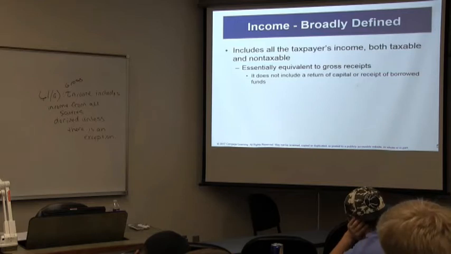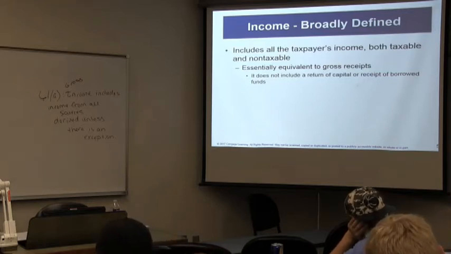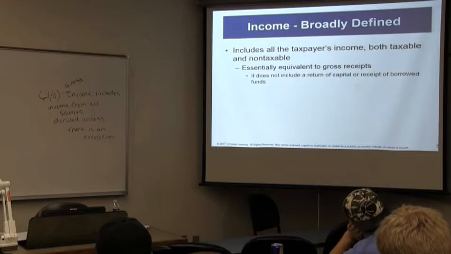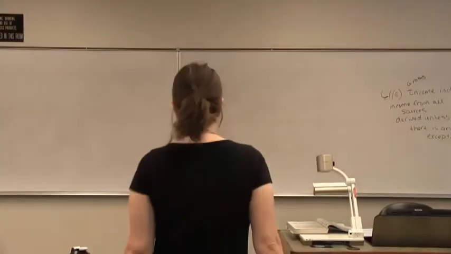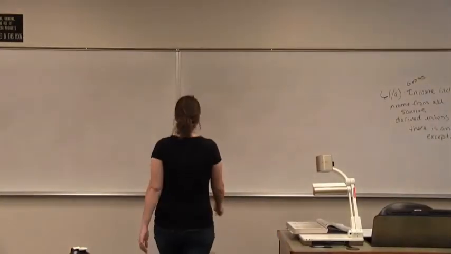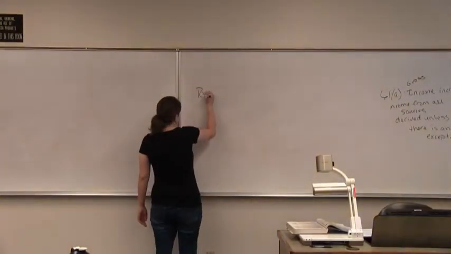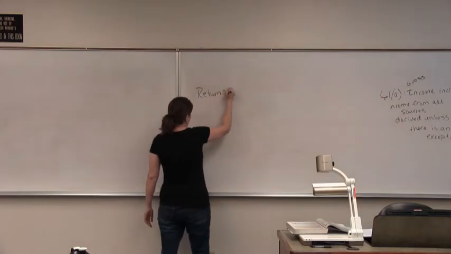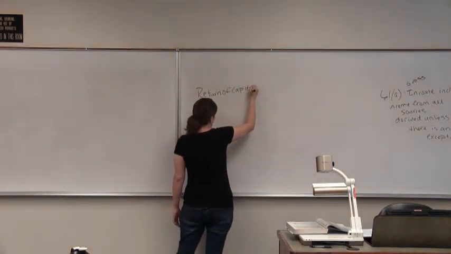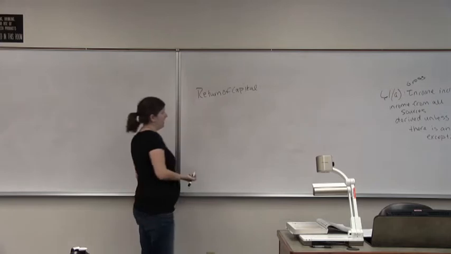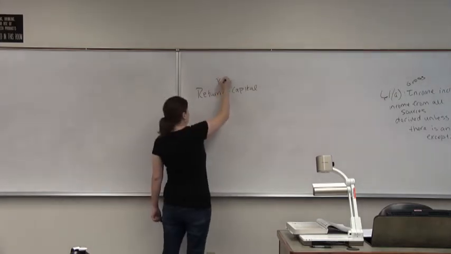There are some categories of items that are not considered to be income in the U.S. The first thing that is not income is a return of capital, often called ROC.